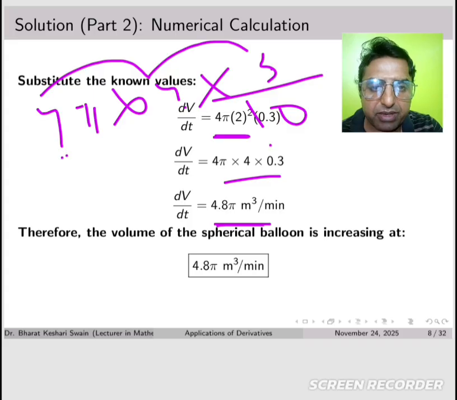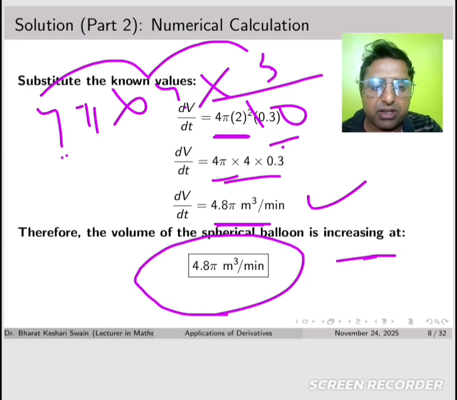So 48 by 10 means 4.8, so 4.8 pi meter cube per minute. So the volume of the spherical balloon is increasing at the rate of 4.8 pi meter cube per minute.